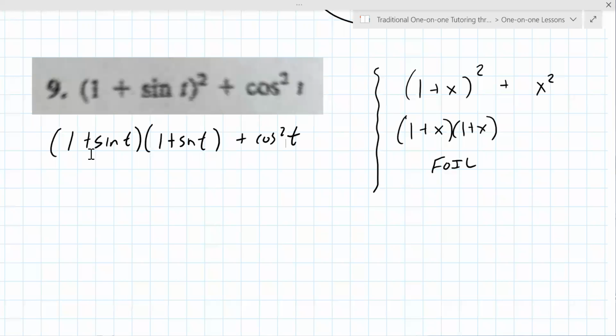So you want me to multiply them? Yes. 1 times 1, 1 times sine, sine times 1, sine times sine.